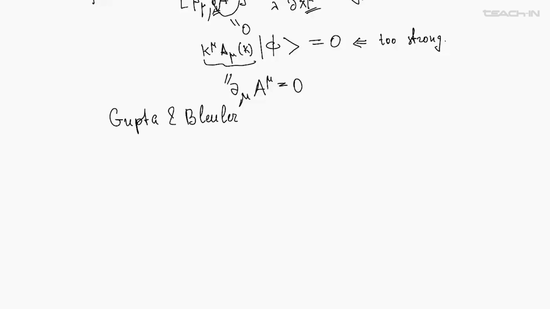Namely, if you take the part of A mu which contains annihilation operators, which I call the negative frequency part, and impose it on states, then this is exactly what is needed in order to eliminate the unphysical degrees of freedom and also remove from the Hilbert space the states with negative norm.